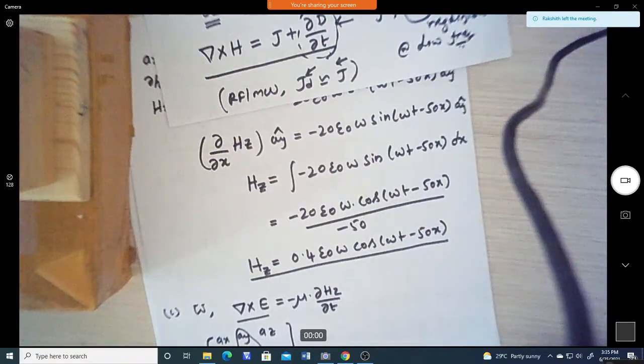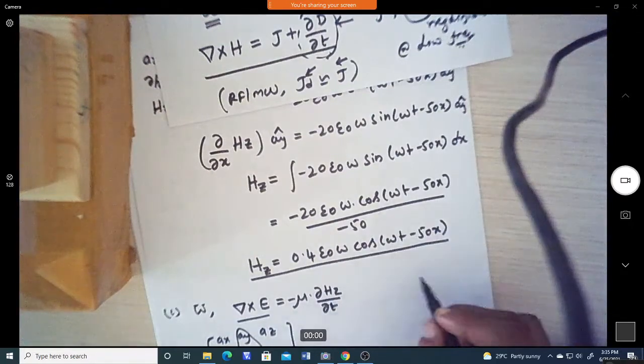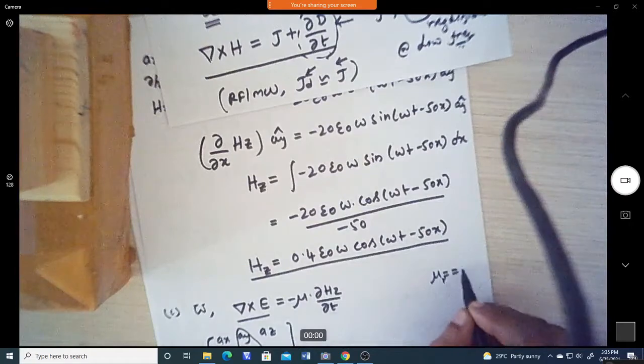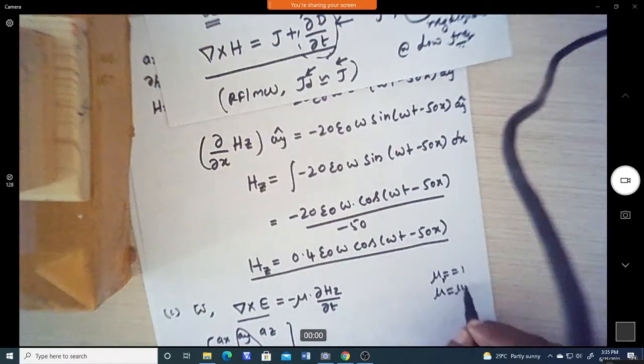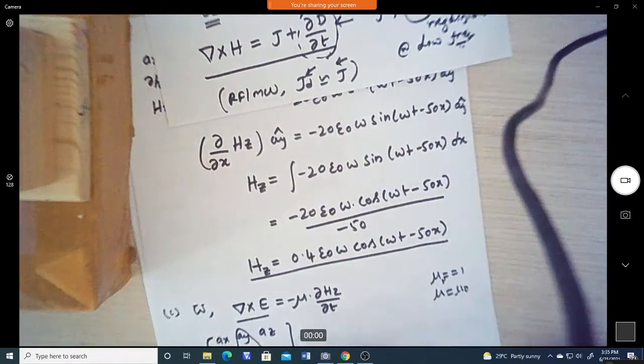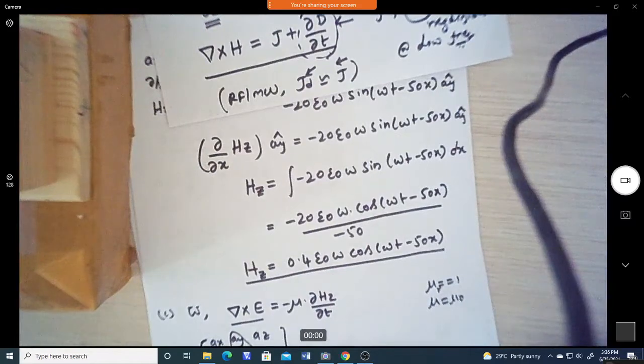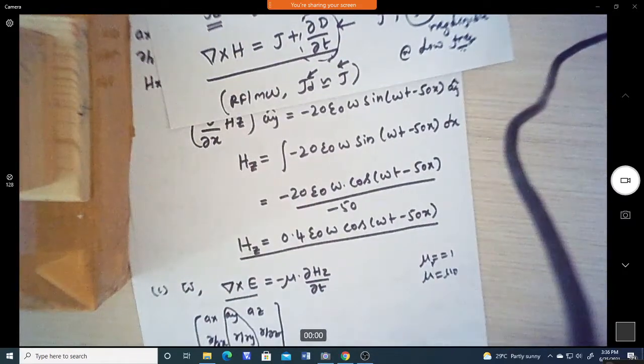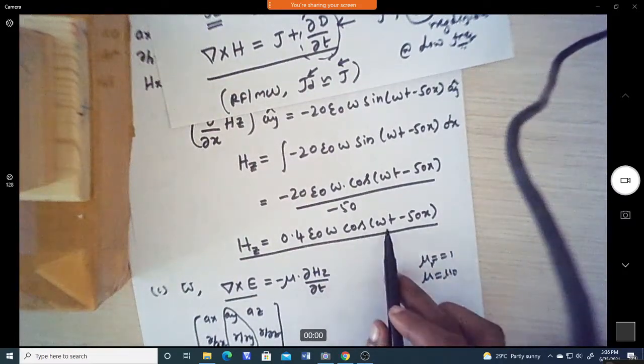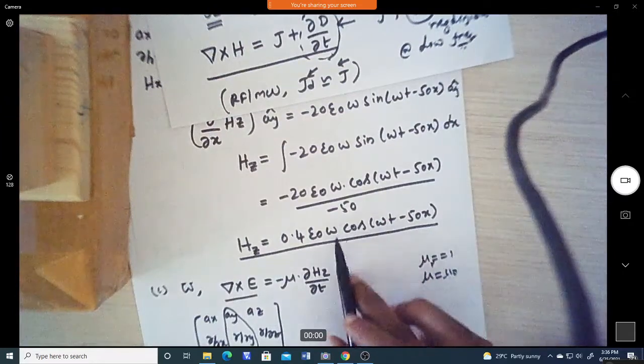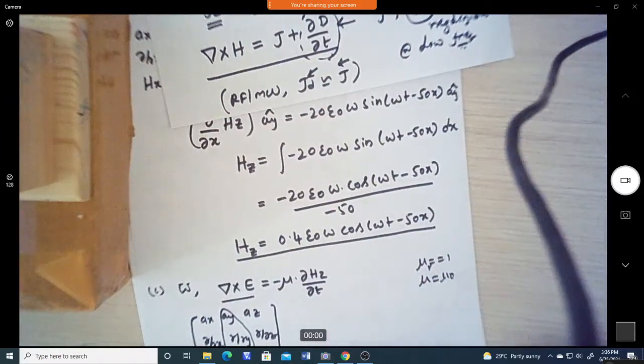Now we will take the free space where mu r equal to 1. Assume that in the free space mu r equal to 1 and mu equal to mu naught. So now if I take mu naught into del Hz by del t, with respect to t if we differentiate, you are going to get 0.4 epsilon naught omega.